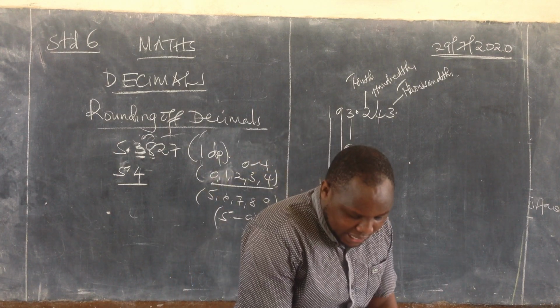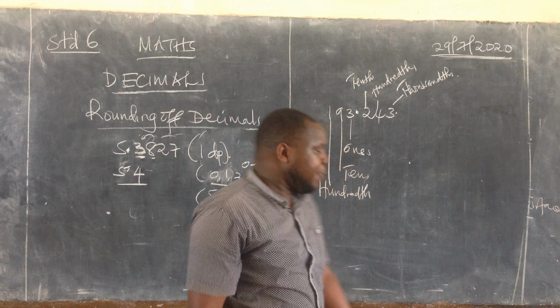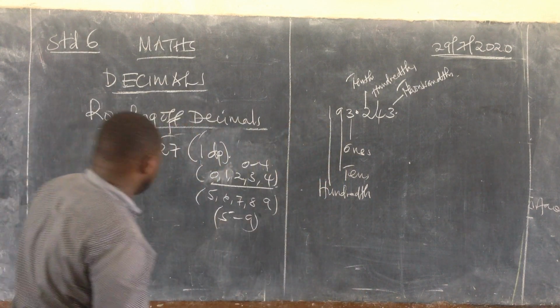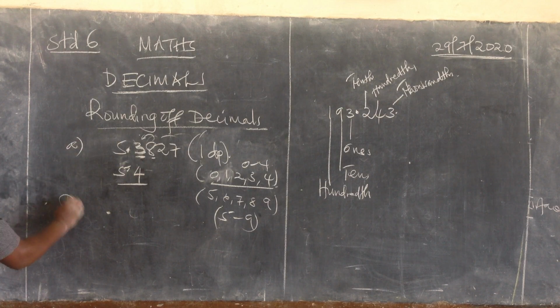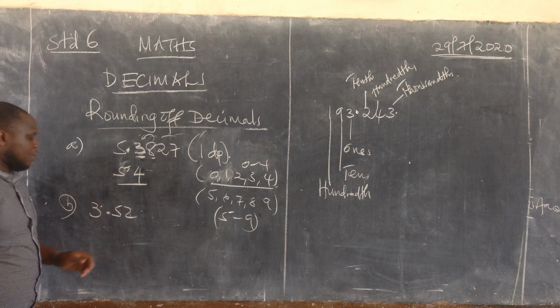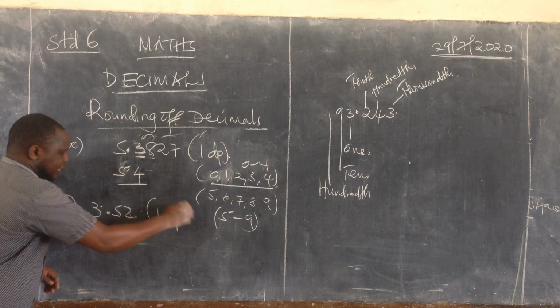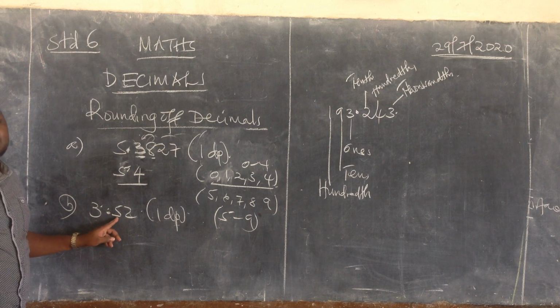You can be given a number like 3.52. Let's see what happens with 3.52. Round to one decimal place. You count one digit after the decimal point, then check the second number.